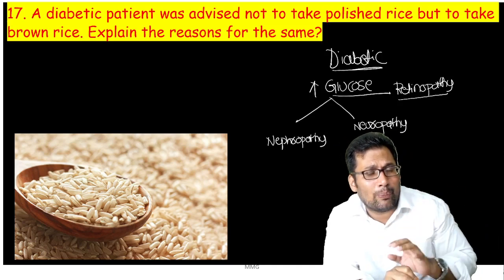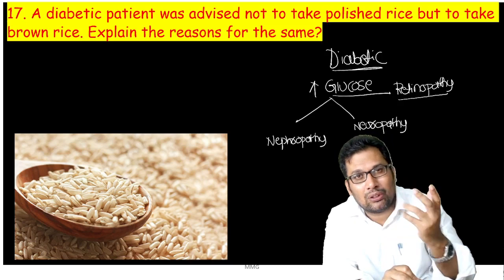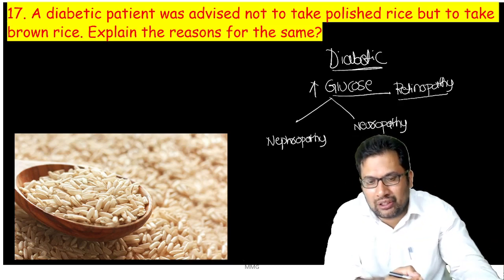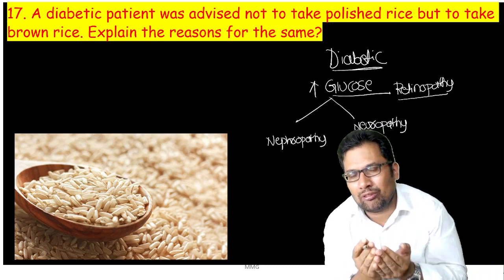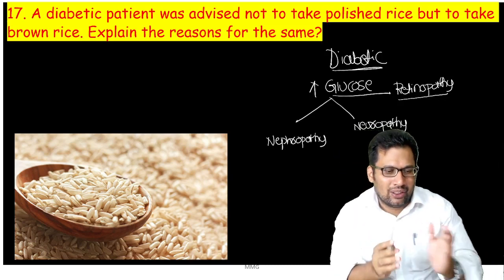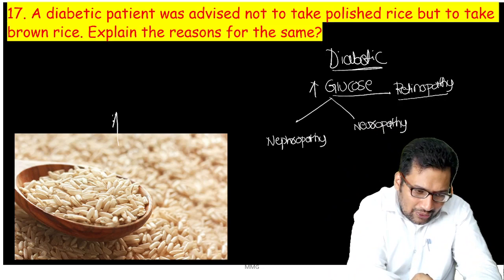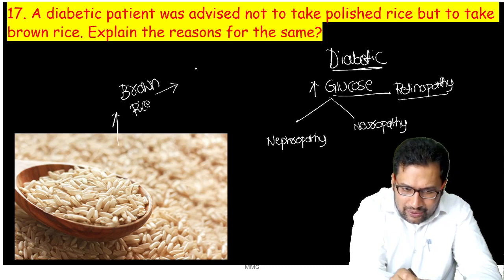All these are the complications of a high glucose level in diabetes. That's why a diabetic patient should take food which has a low glycemic index. This is the brown rice, and brown rice has a lower glycemic index.